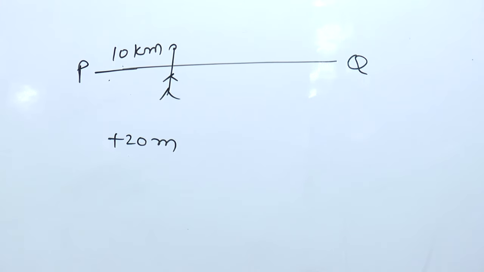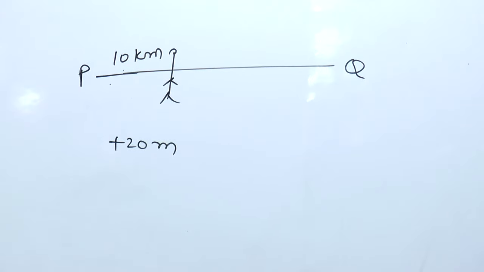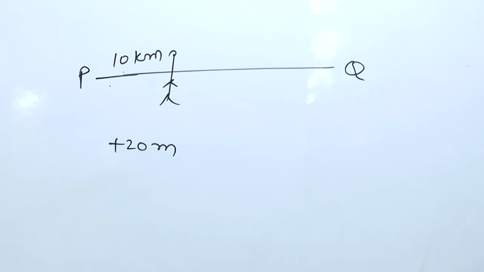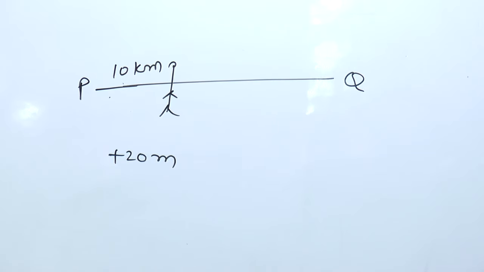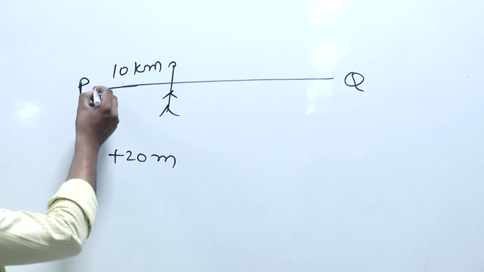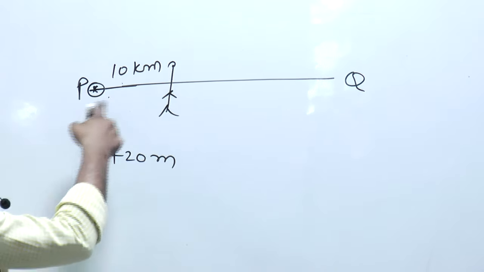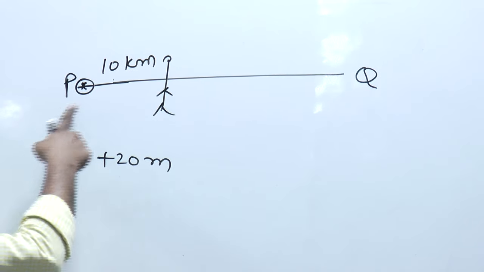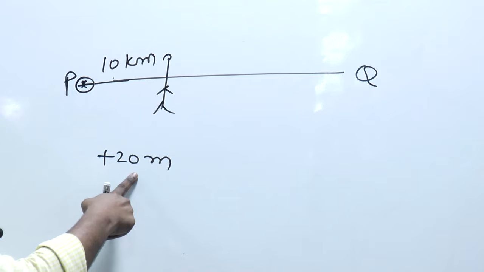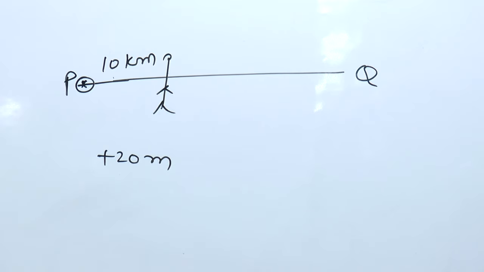What happened? When he covered 10 kilometers, he was overtaken by Gafoor, who started from P 12 minutes later than Srikanth. Srikanth already started from point P 20 minutes back. Gafoor started 12 minutes later.